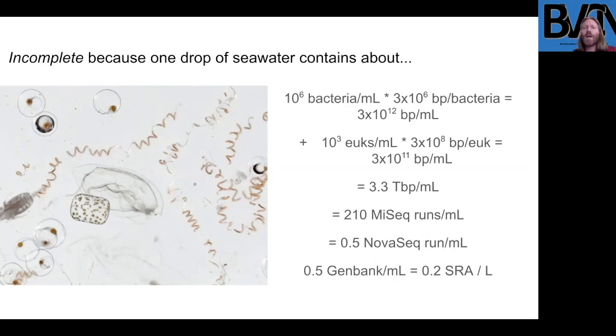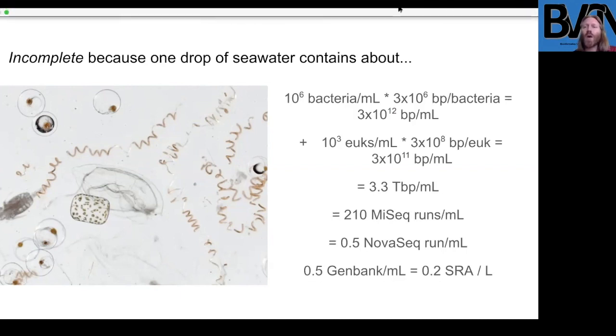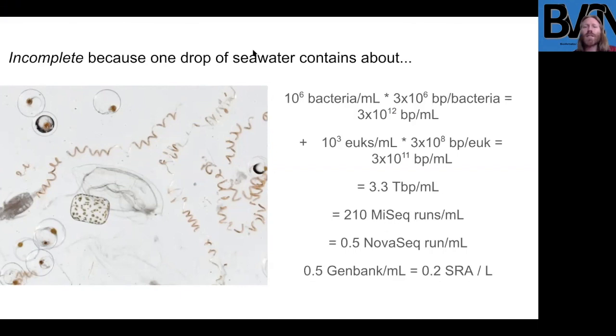It is only a partial representation of what's in the environment, and therefore the data you get will be compositional, meaning proportional, in that it doesn't represent a quantitative measure of what's in the environment. There may be ways to add standards, internal standards, where you can go on to do quantitative measurements, but that isn't the common thing being done right now.